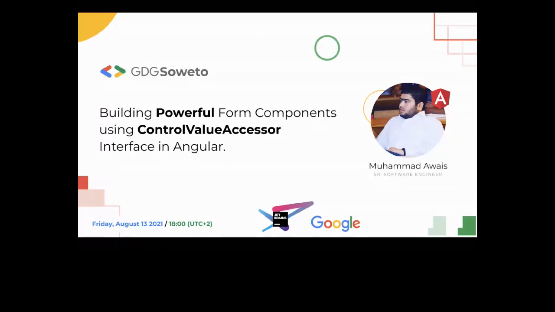Besides that, the first question that arises is why we need the help of ControlValueAccessor while working with dynamic forms in an Angular application. So today we will be talking about that.